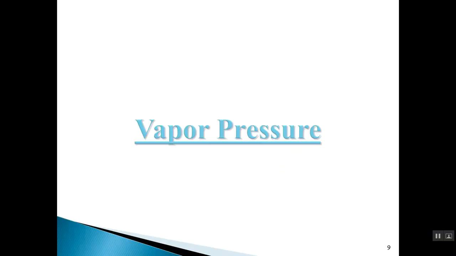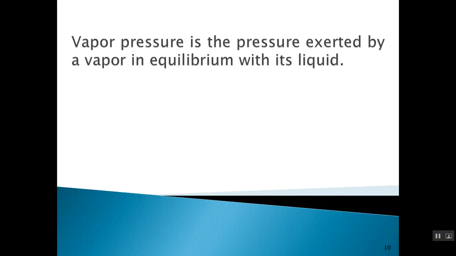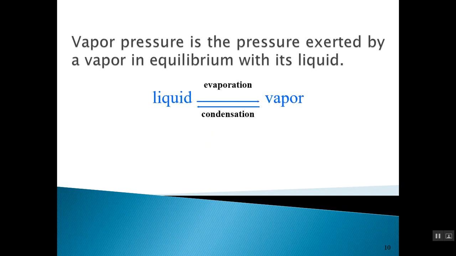Okay, let's talk about the concept of vapor pressure. Vapor pressure is the pressure exerted by a vapor in equilibrium with its liquid. So in other words, we have the liquid being converted to the vapor, and at the same time and the same rate, the vapor is itself converted back to the liquid.